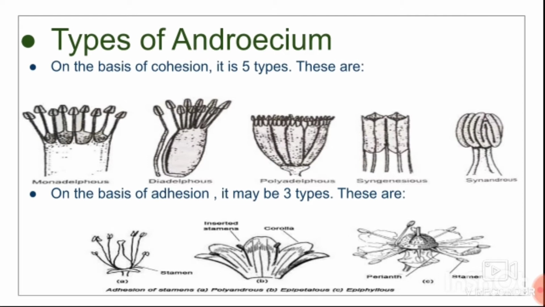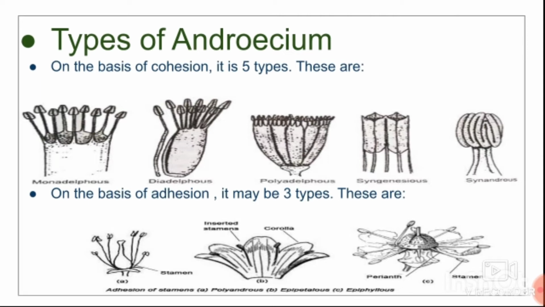Example, Helianthus annuus of Asteraceae. Synandrous, the anthers as well as filaments are united throughout their length to form a compact body. Example, Cucurbita maxima and many members of Cucurbitaceae.